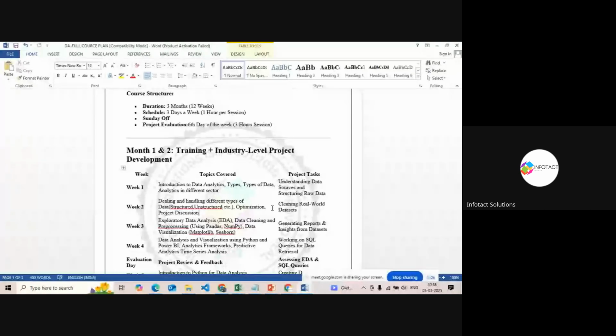Let's see our PPT, and whatever is there will be discussed accordingly. And one thing we should discuss is the Weka tool. Weka tool to be discussed.